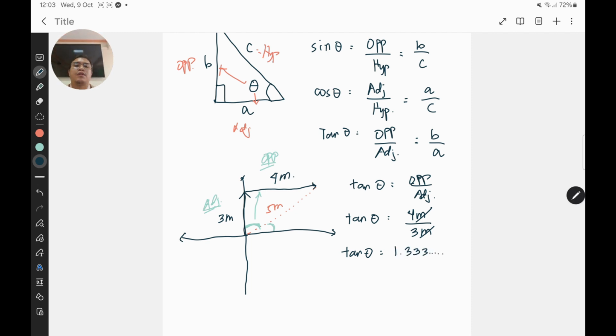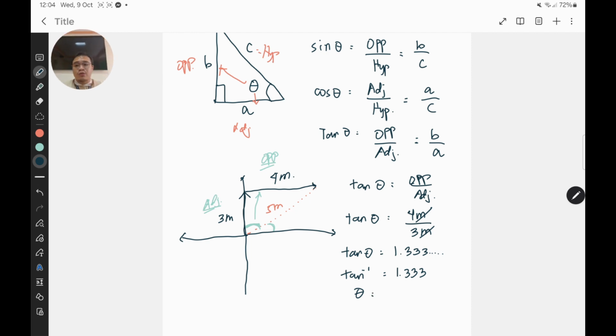There. Now, that is not yet the angle that you need to solve. So in order for you to solve the angle here, you need to apply the inverse of the function of this value here, and that will give you around 53.13.